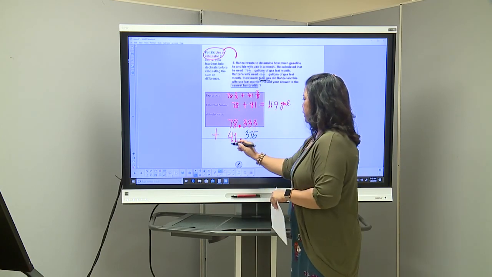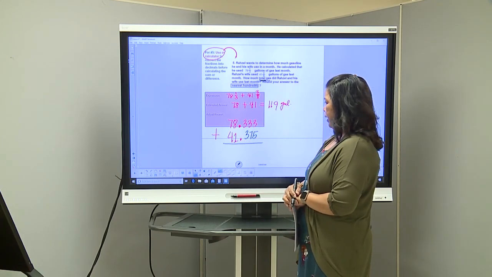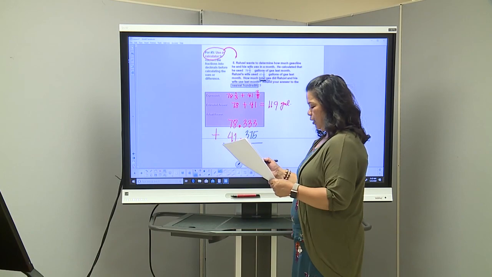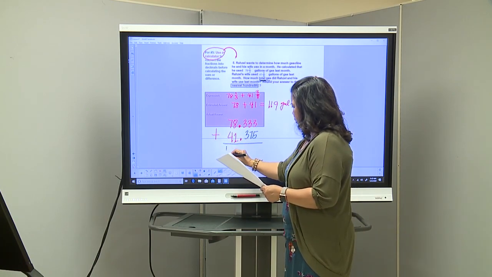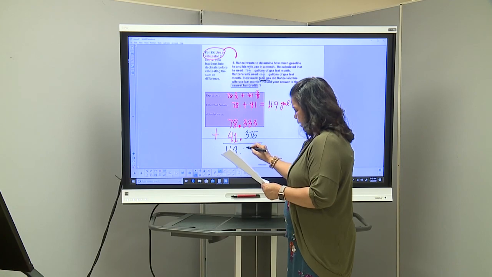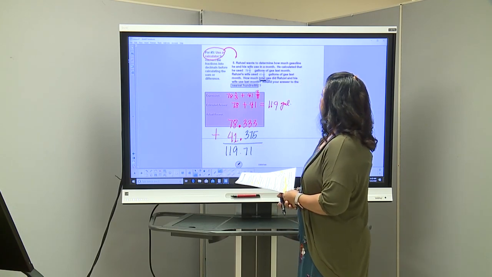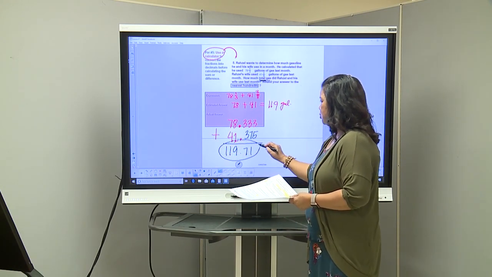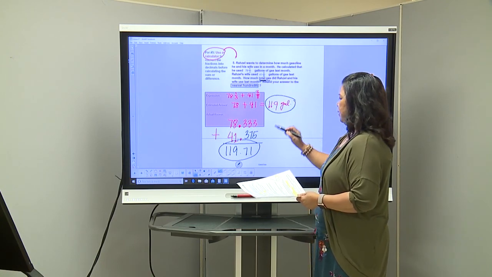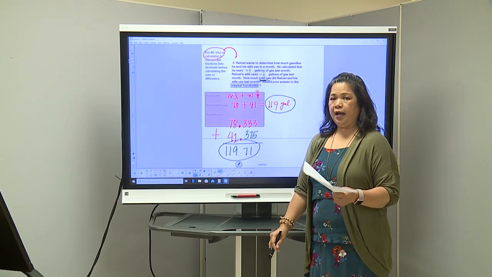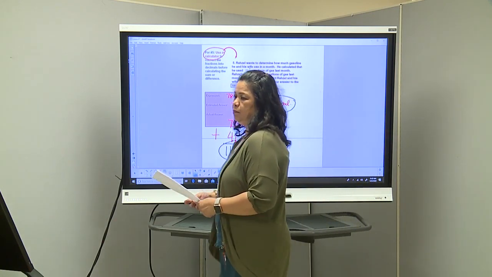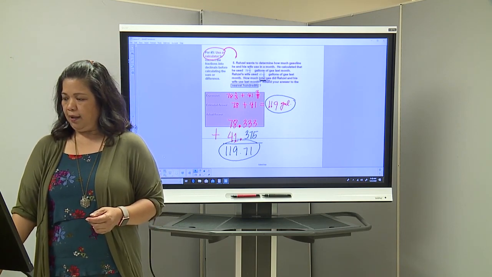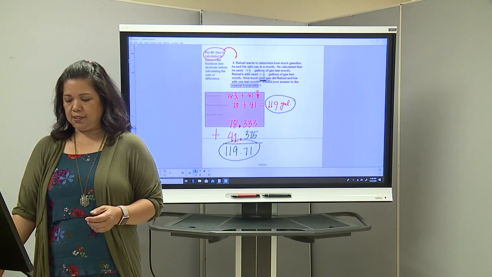Okay, so given this, we have to add those two addends, and if you line them up correctly, correct place value, your answer would be 119 and 71 gallons of gas. Okay, now what do you say about your actual answer to your estimated answer? Your actual answer is reasonable because it is very close if you compare it to your estimated sum.